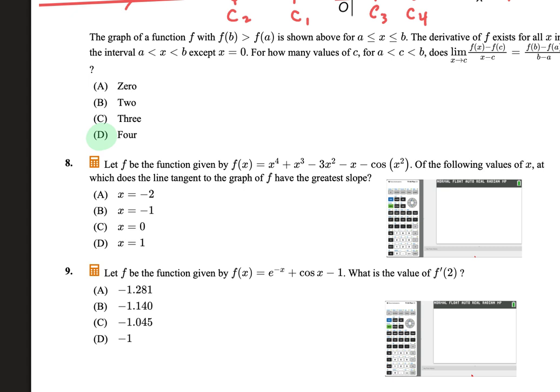So derivative is slope. So when they say this phrase, which does the line tangent to the graph of f have the greatest slope, that phrase really means largest derivative value.